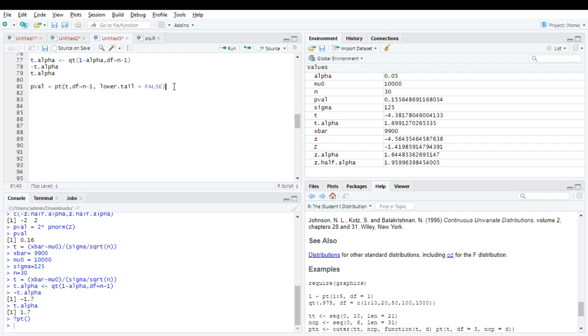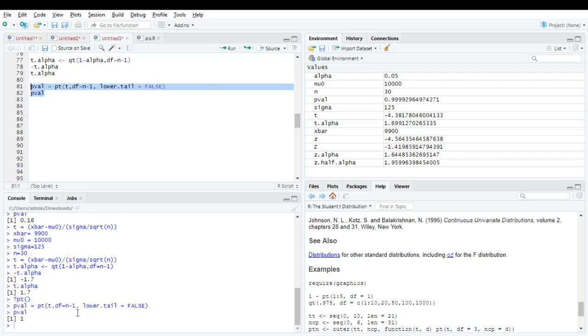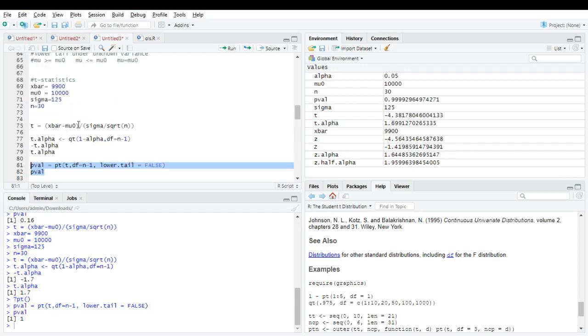Okay, this will give you a p value for upper. As you can see, your upper value is way more than 5%, so you cannot reject the hypothesis.